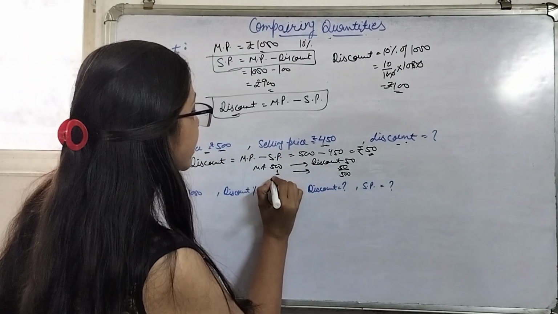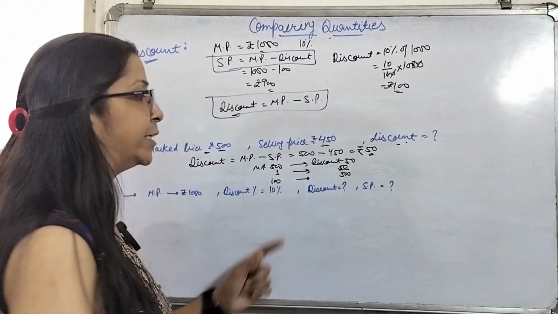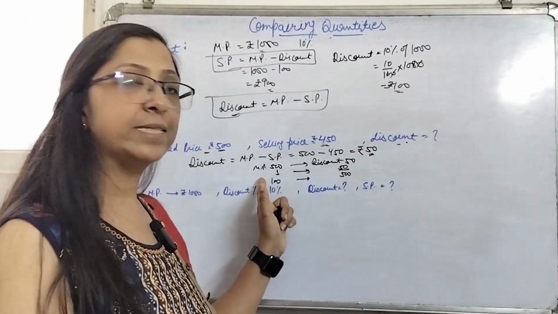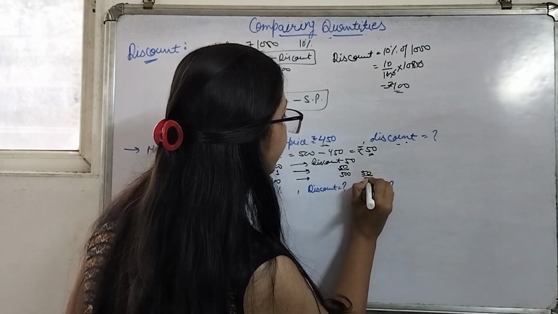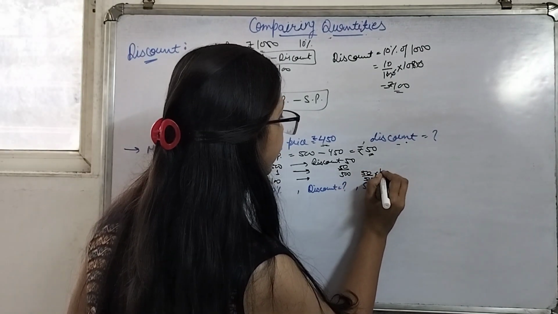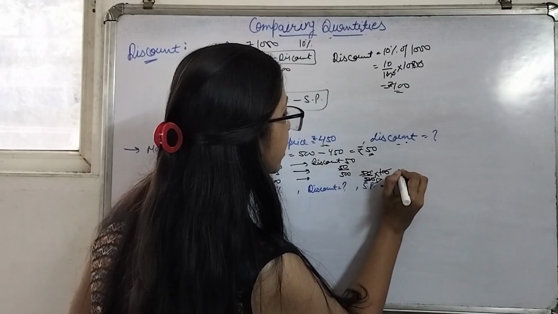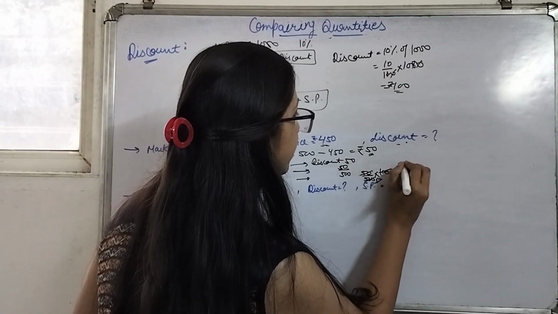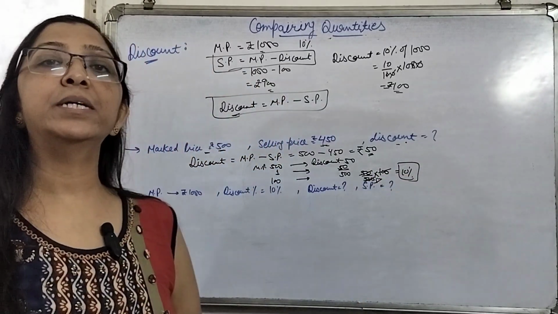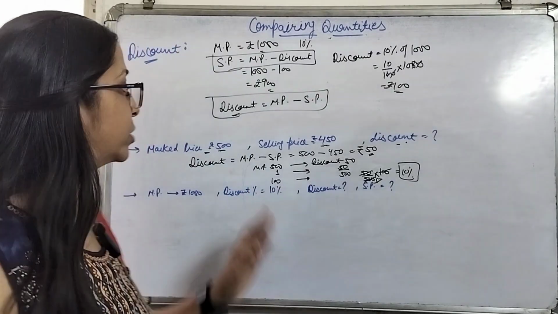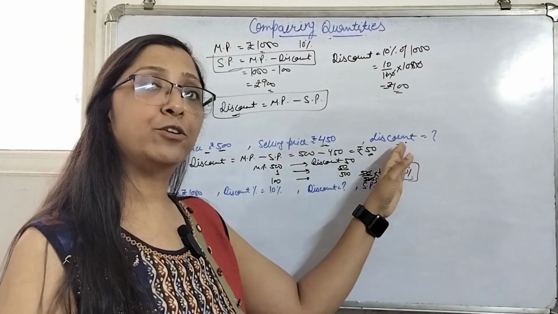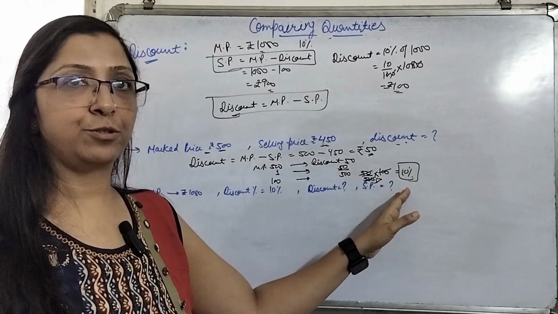And if marked price is 100 rupees, because we need to convert it into percentage, we need to take the base as 100. So your discount will be 50 upon 500 multiplied by 100, that is 10%. The discount will be 10% because we have taken the base as 100. So this is how we can find discount in rupees and discount percentage also.